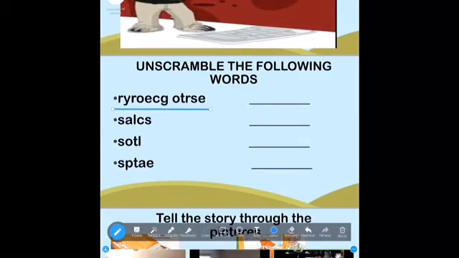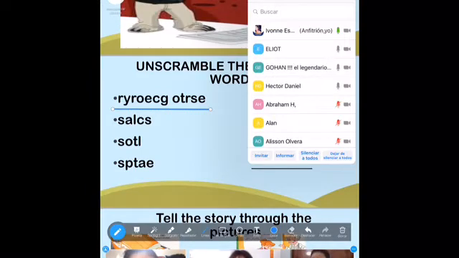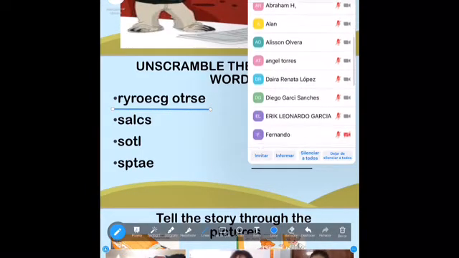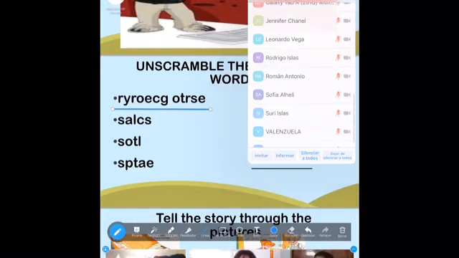This is a place that is mentioned in the story. A specific place. Hector Daniel, thank you. Exactly. Very good job. Grocery store. In the grocery store.